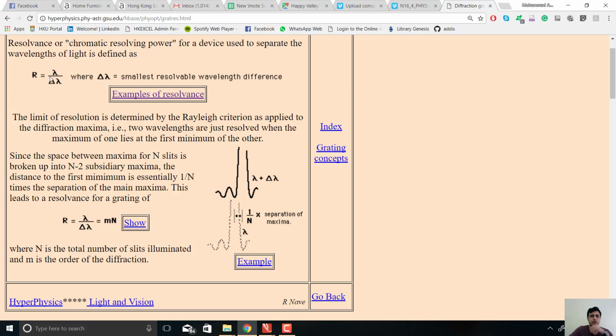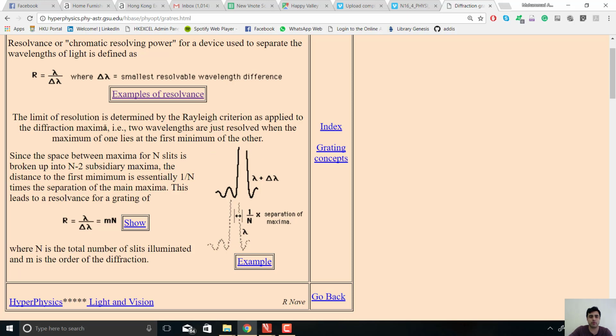So resolving power is lambda over delta lambda, where delta lambda is the smallest resolvable wavelength difference. The limit of resolution is determined by the Rayleigh criterion as applied to the diffraction maxima. For example, two wavelengths are just resolved when the maximum of one lies at the first minimum of the other.